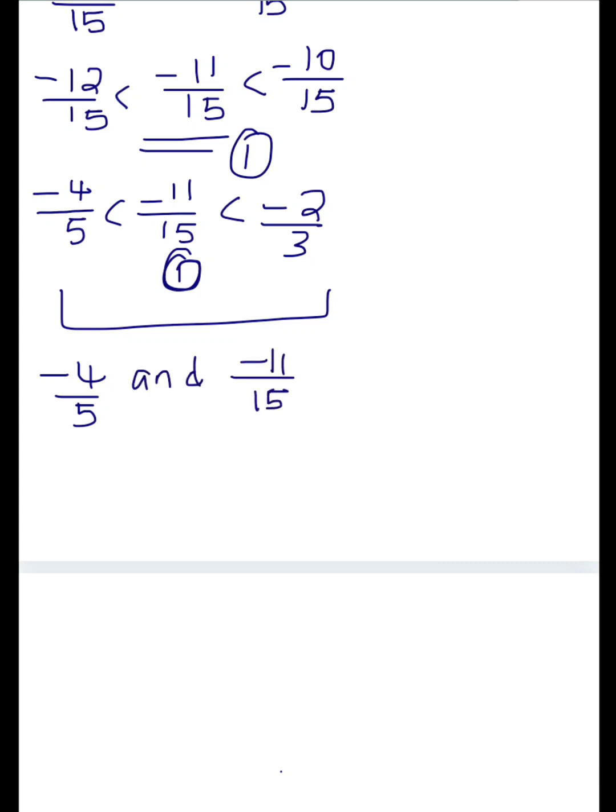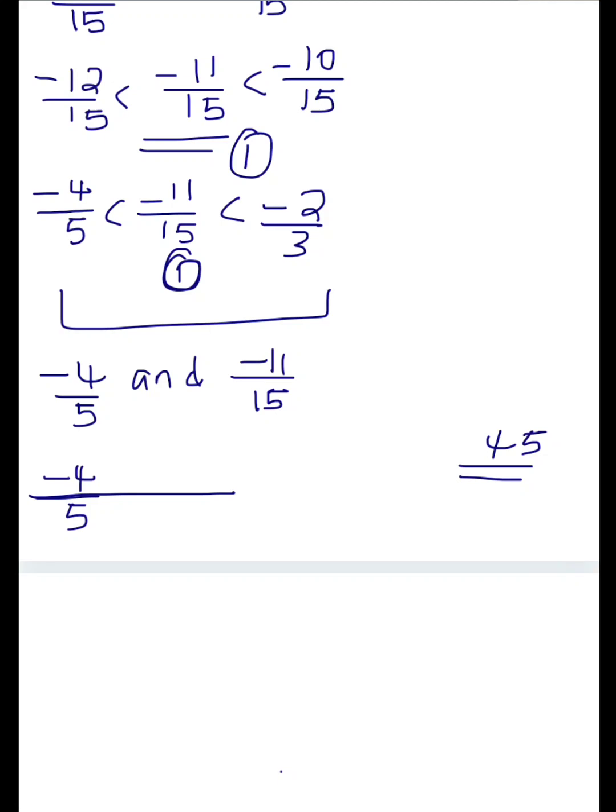Okay, so here also you can see that the denominators are different, so you have to make the denominators the same. Suppose I am making the denominators as 45. You can make any denominators.